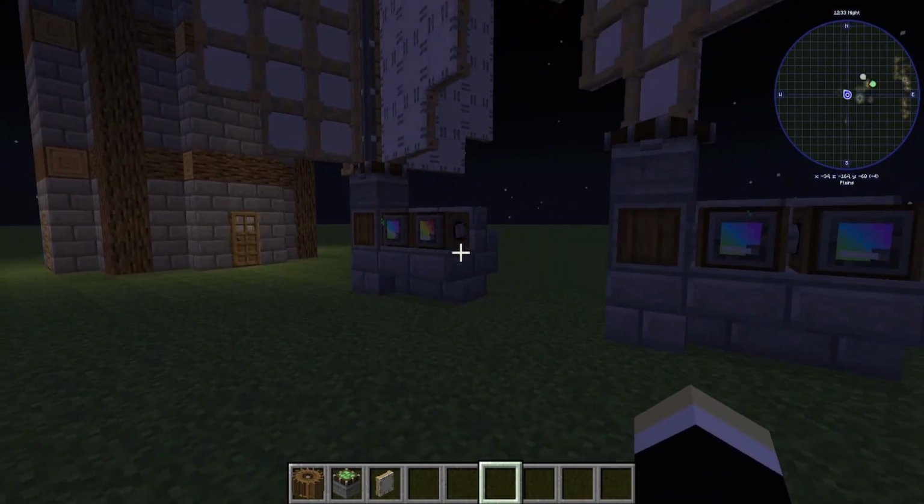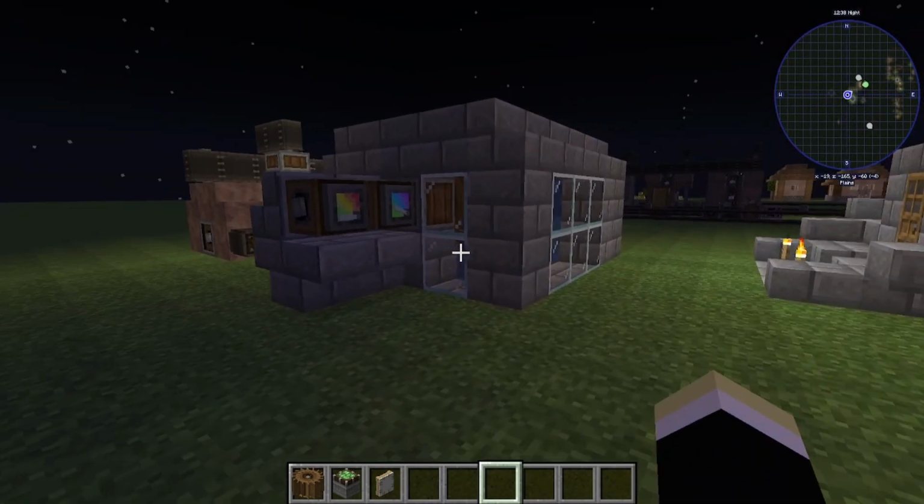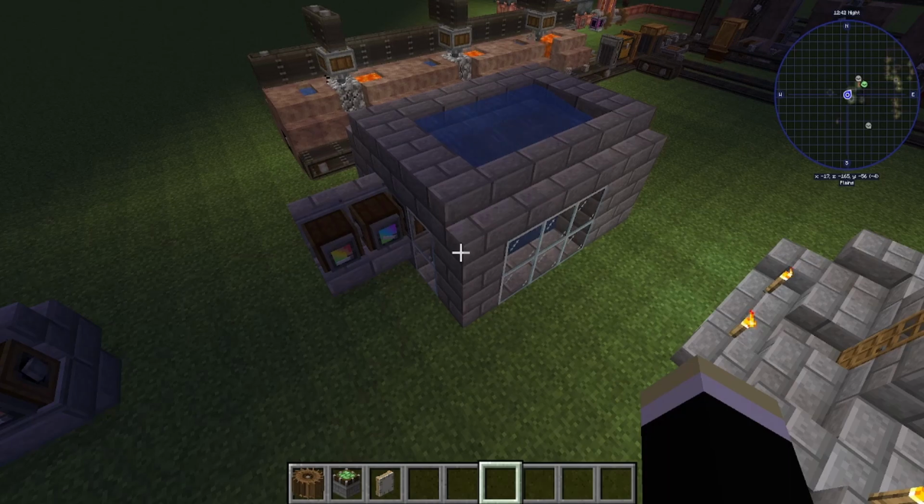That is 49 blocks. Whereas over here, this generator is only a 5 by 5 square area.